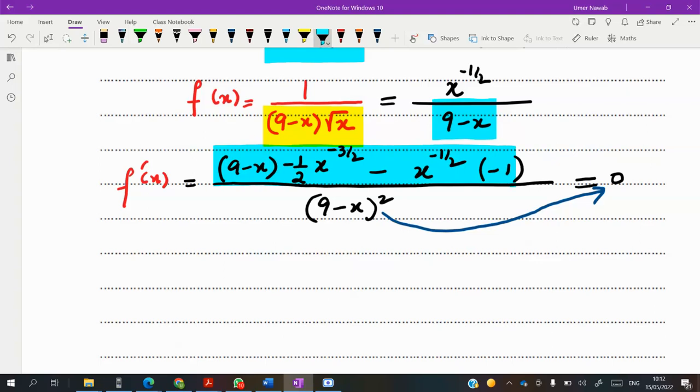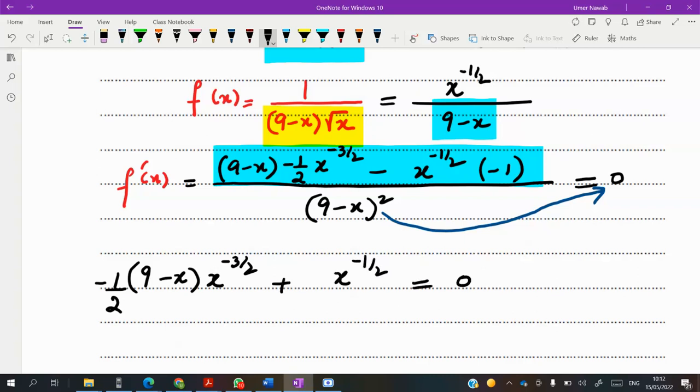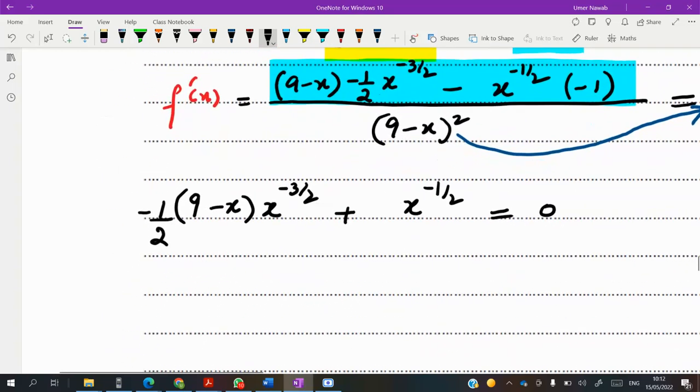I need to simplify it. 9 minus x, times minus 1 over 2 x to the power minus 3 over 2, plus x to the power minus 1 over 2, is equal to 0. Can I multiply all the terms by 2? It will make my expression simpler. So the 2 cancels.